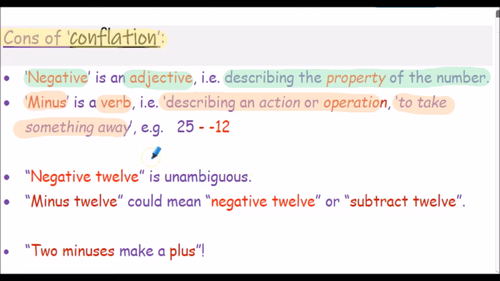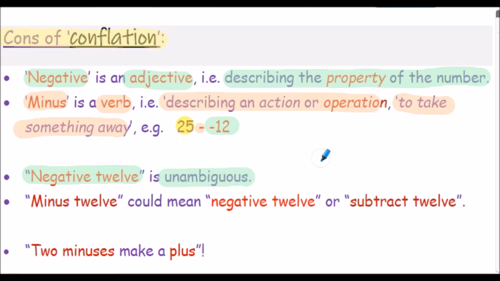So for example, in this calculation here, we have 25 minus negative 12. The minus relates to the fact we are subtracting the numbers, and a negative is the property of the number 12. So in other words, when we state negative 12, this is considered to be unambiguous.